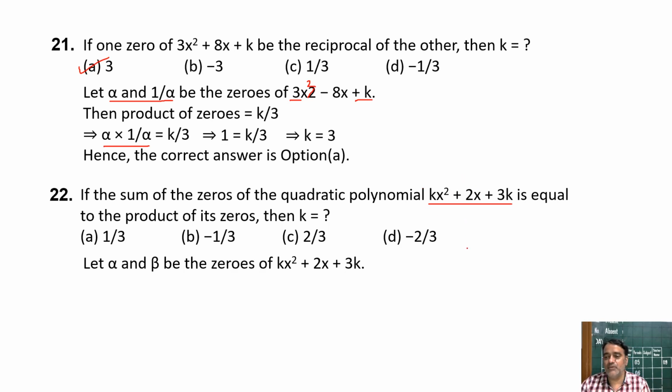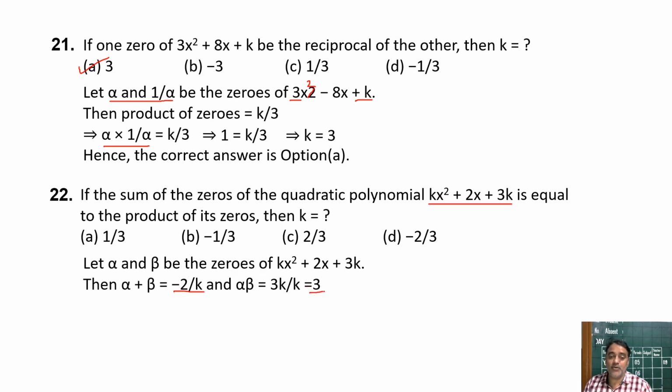Very good. And what is the formula for alpha beta? C by a. So what you will get from here? 3k by k. 3k by k is how much? 3. Right. So we got alpha plus beta is equal to minus 2 by k and alpha into beta is equal to 3.